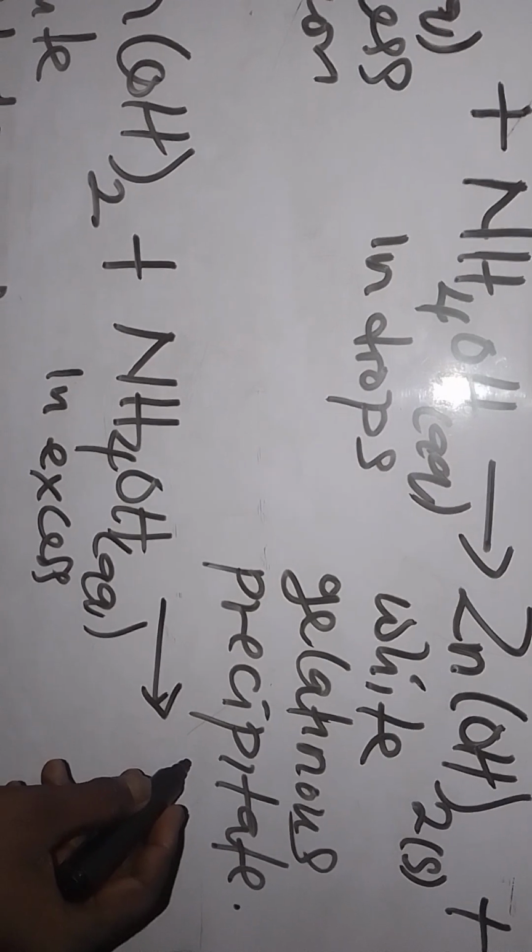That is, you have Zn(NH3)4 2+, this ion, zinc 2 ion. So this is aqueous, so this is a colorless solution.